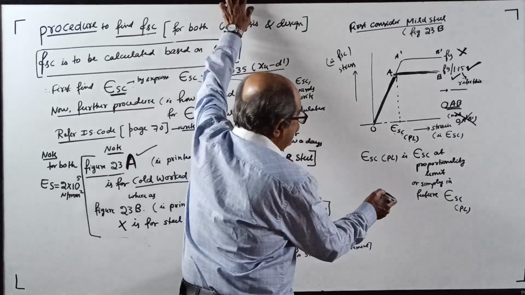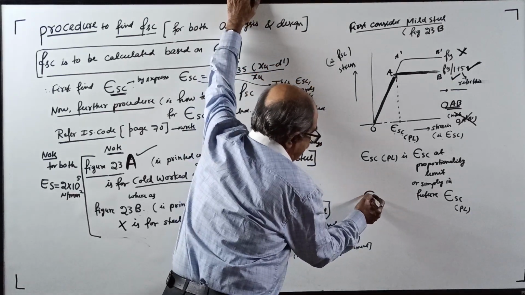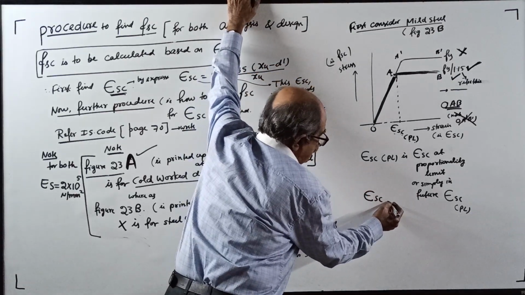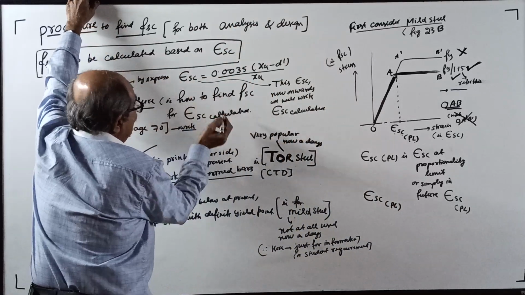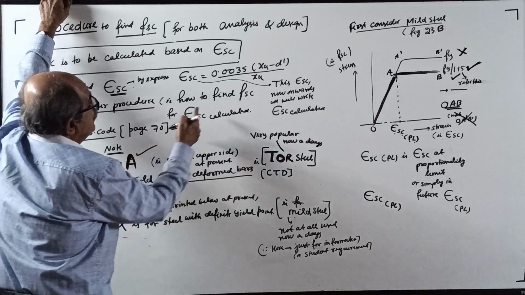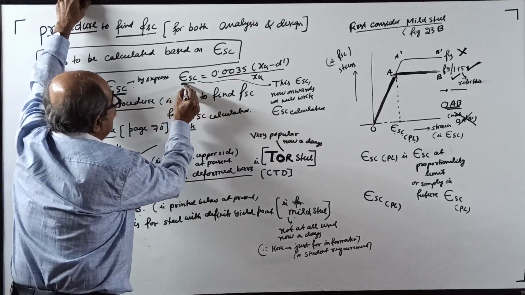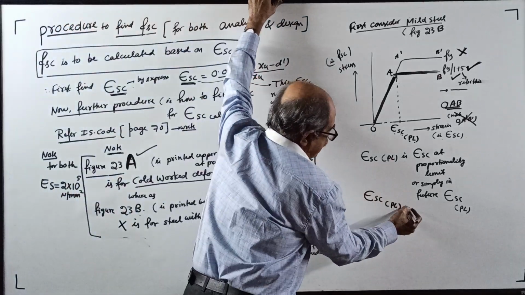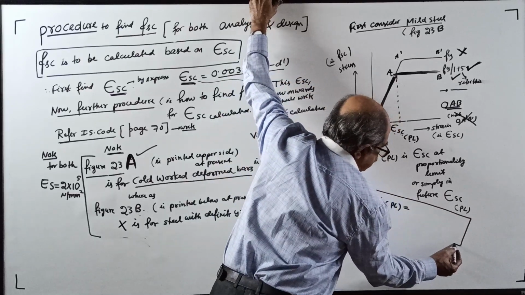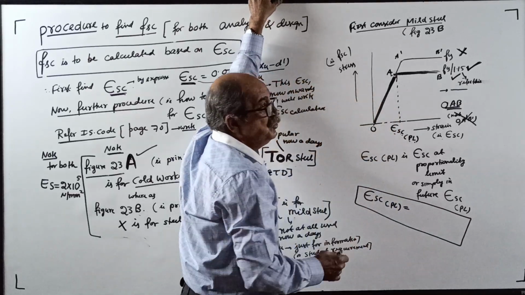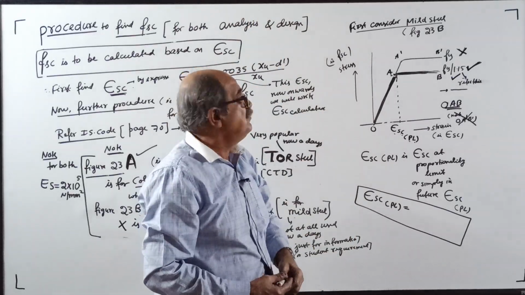How to calculate? There is one epsilon SC calculated. This is your epsilon SC calculated. Epsilon SC at PL equals, I'll write this way here. You have to use your mathematical concept.